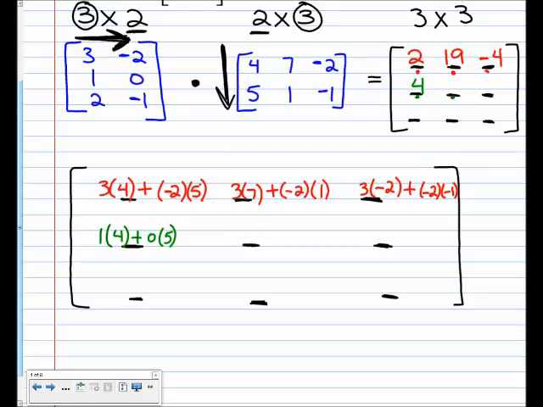Still in the second row, but now I'm in the second column. So that's second row times the second column. 1 times 7 plus 0 times 1, which is 7.